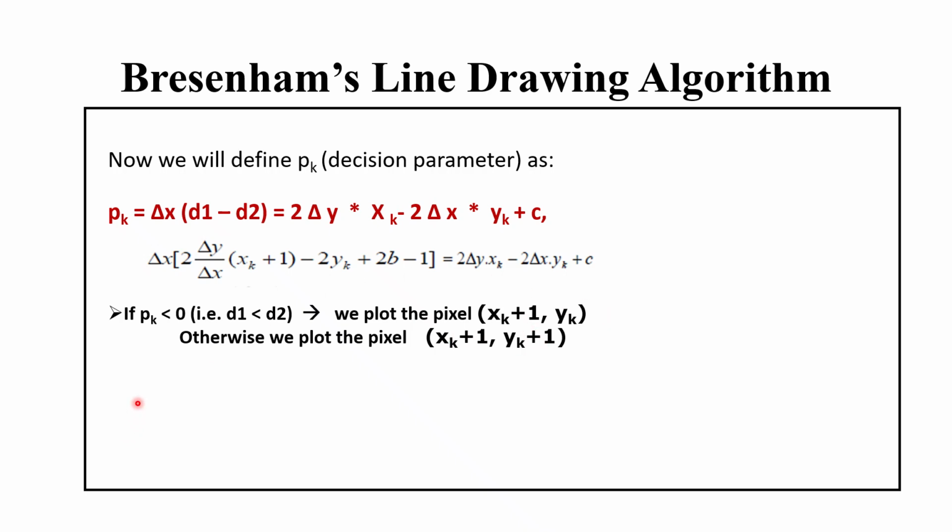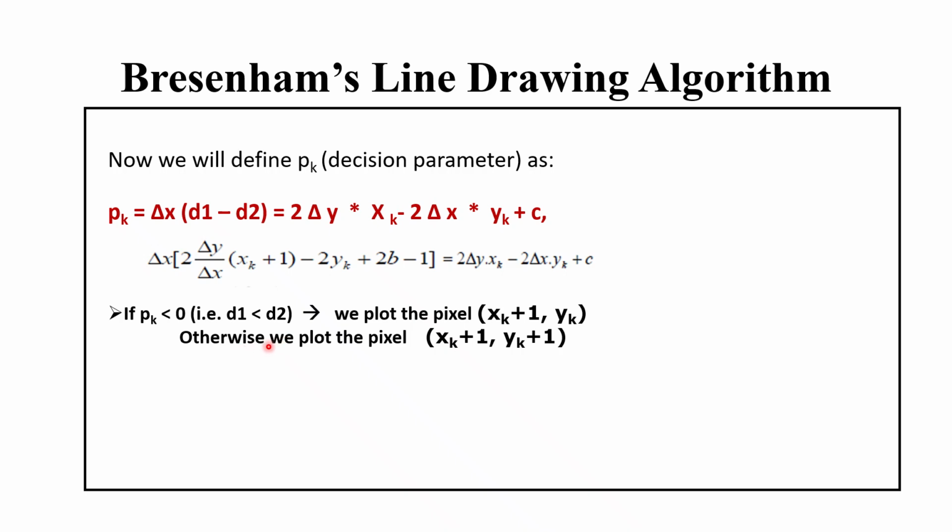Else, that is, if pk is equal to 0 or greater than 0, my next point to be plotted will be xk plus 1 comma yk plus 1. So now I can make a decision. The x will always be incremented by 1, so x is nothing but xk plus 1 every time. But whether to choose yk or yk plus 1, that decision is made with the value of d1 and d2.